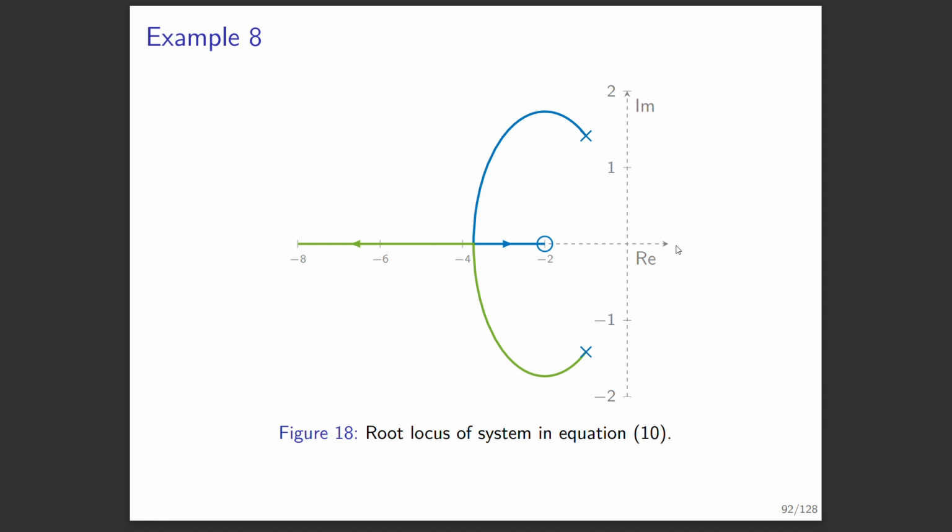So here I have zero things on my right-hand side. Here I have two things on my right-hand side, which doesn't make any difference because even numbers are not important. Now, the left-hand side of -2 is in the locus, because if I'm standing on the left-hand side of -2, I have three things, poles or zeros, on the right-hand side. So from -2 to -infinity is in the locus.